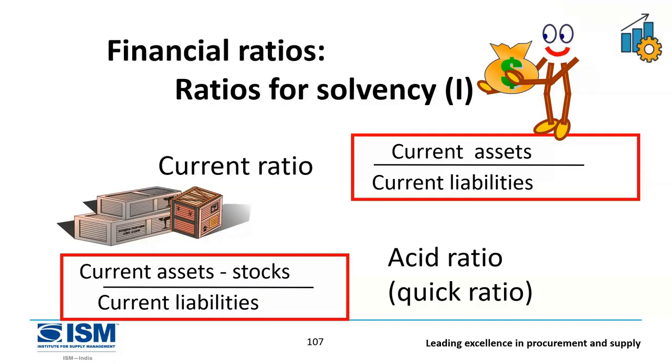Sorry, can you come again? So what we look at is the ratio between the assets and the liabilities. In a balance sheet, on one side we have assets and on the other liabilities. So divide the two. If it is more than one, it means you have more assets than liabilities.